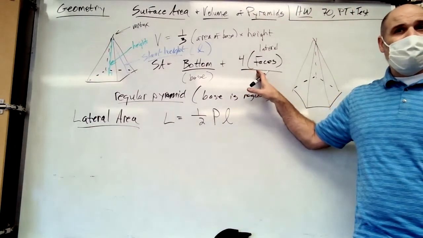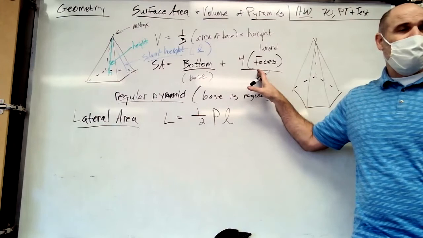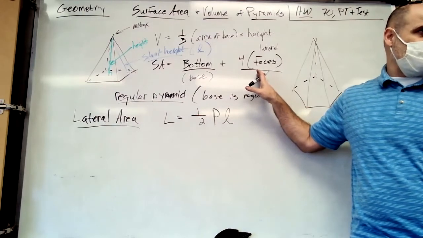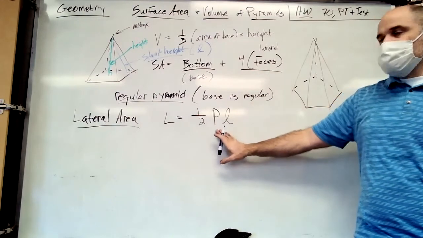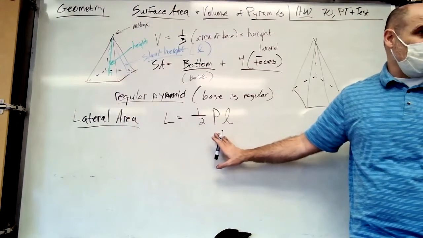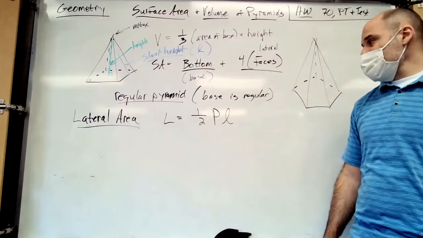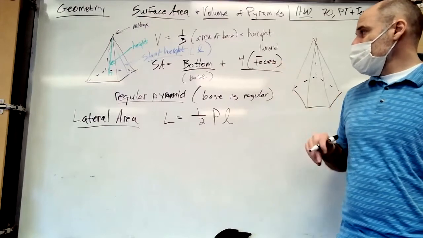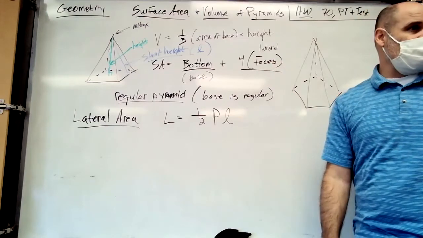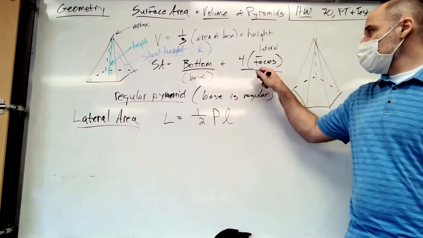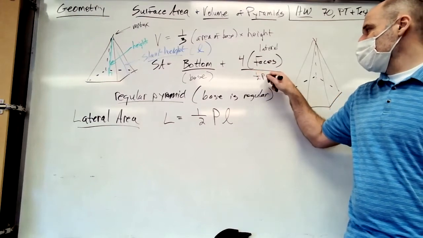Find the area of one of the faces and multiply it by however many sides, like n sides. That's fine. But n times sides is just perimeter. So just make it simple. The lateral area is just 1/2 PL. Okay, so this is 1/2 PL.